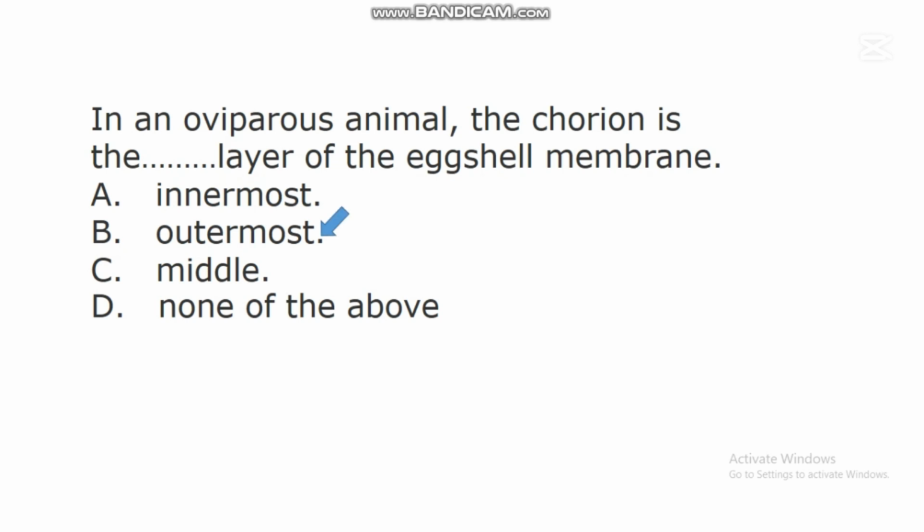An oviparous animal is an animal that reproduces by laying eggs. And research has shown that this chorion is also found in the egg of these organisms. This chorion is the outermost layer of the eggshell membrane in these oviparous animals.